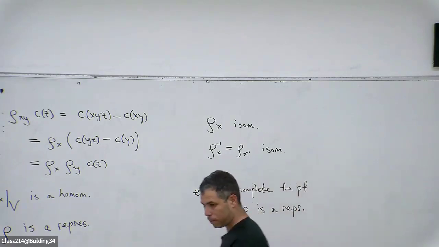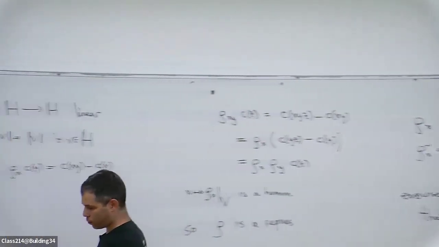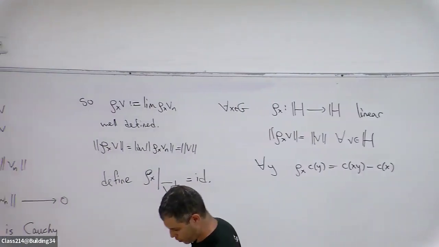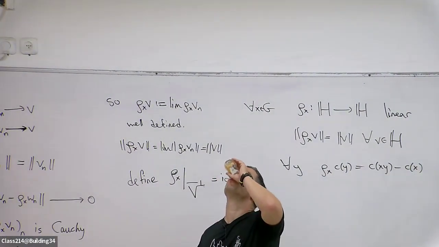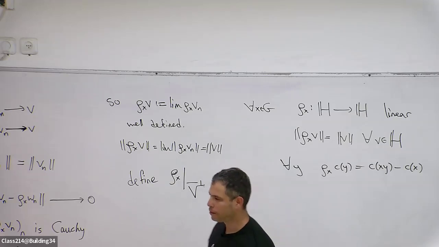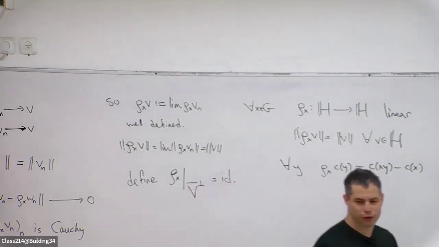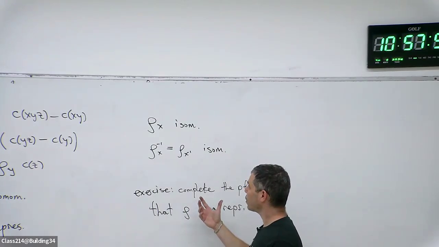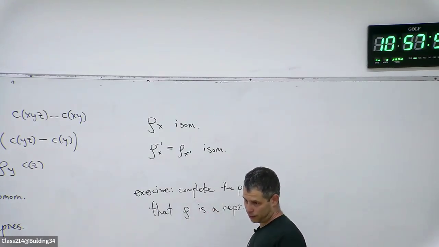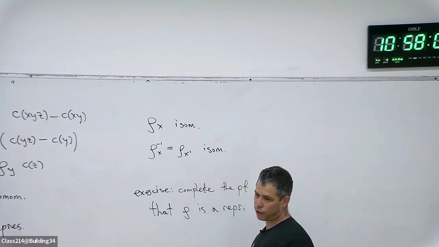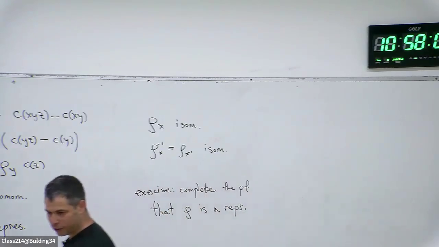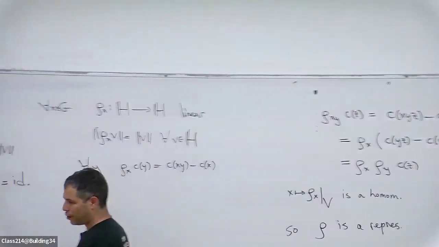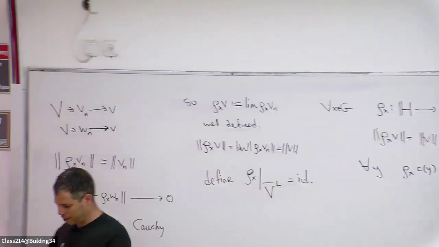I think this is not even an exercise, because if you have an invertible isometry, it has to be unitary. Does it? Yes. Well, the exercise is to explain why that's true: prove that if I have an invertible isometry whose inverse is also an isometry, then it's a unitary map. I don't think it's difficult. I think it should be easy.